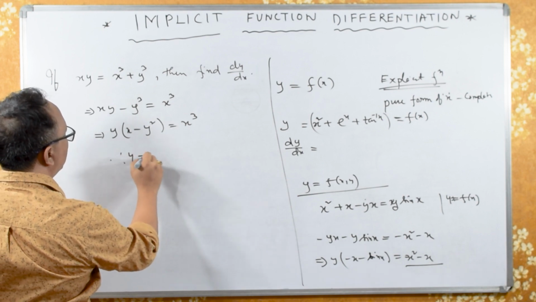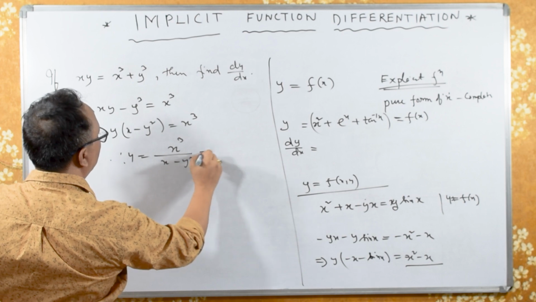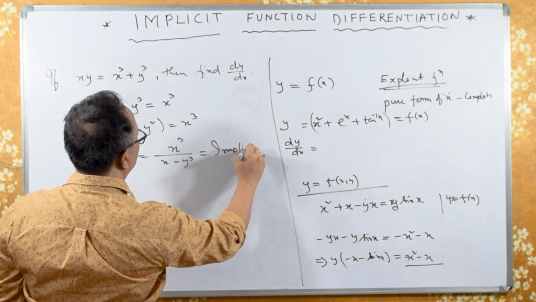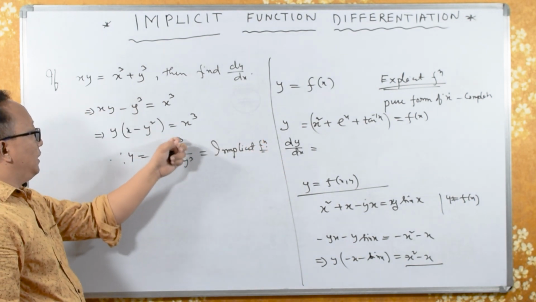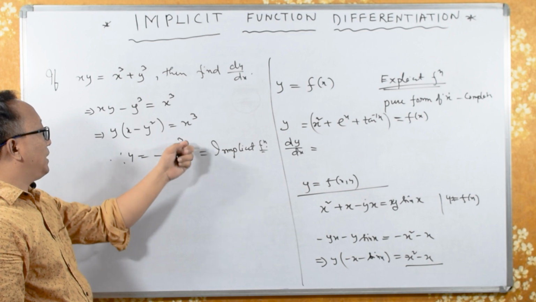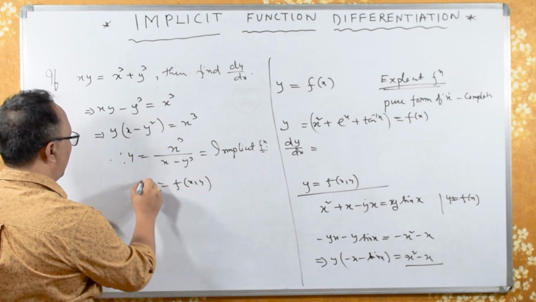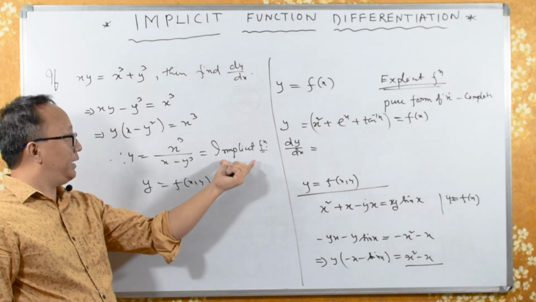Therefore y equals x cube upon x minus y square. These types of functions are called implicit functions, where y is mixed with f of xy.